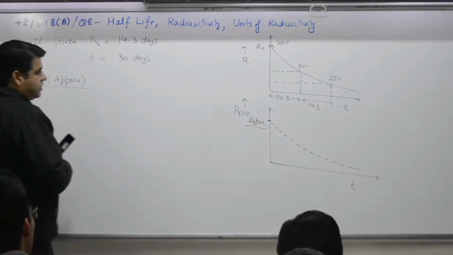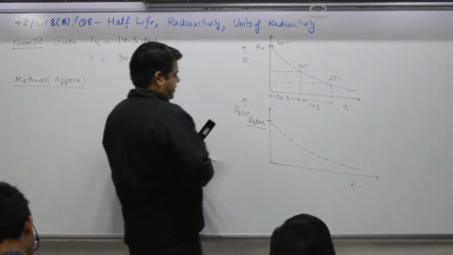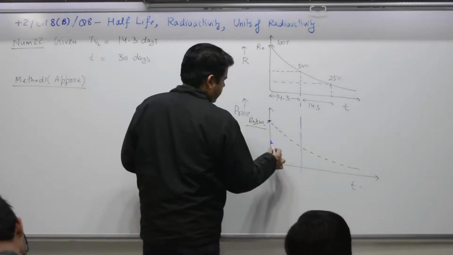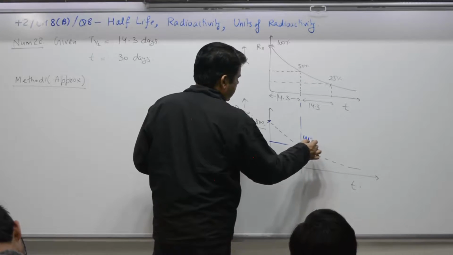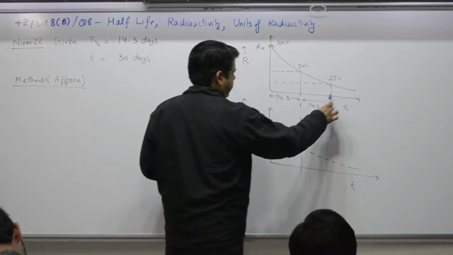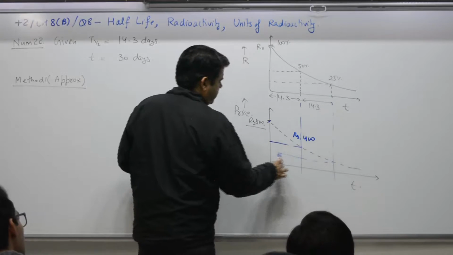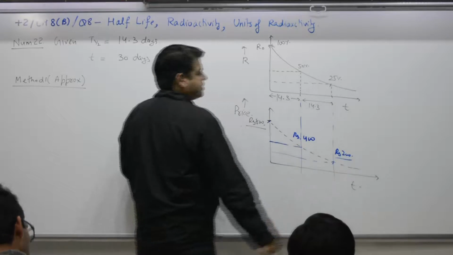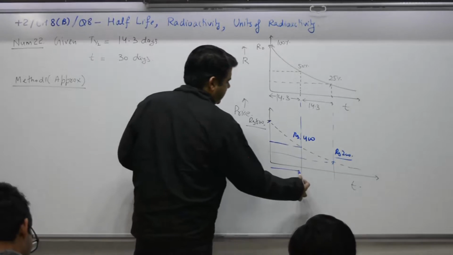This value is 800. 50% means 400 rupees. 25% means 200 rupees. This is one half-life, one more half-life.